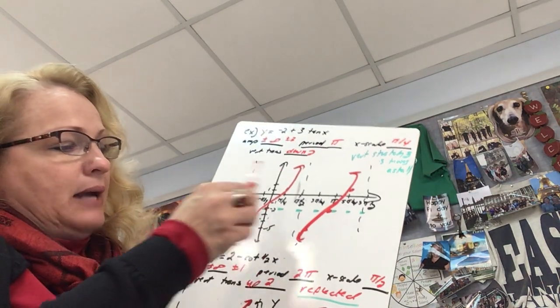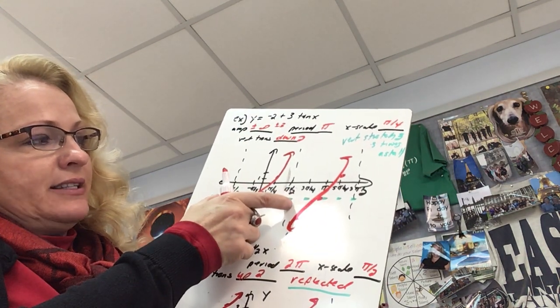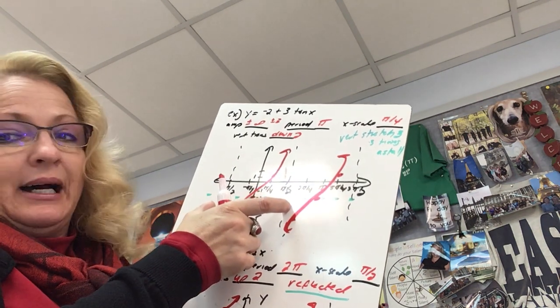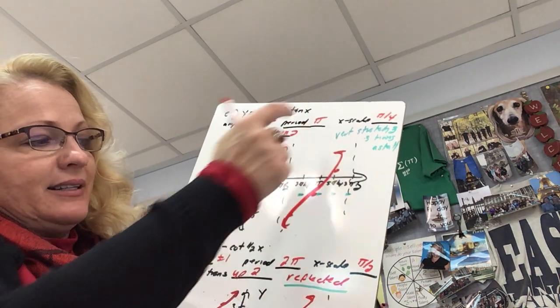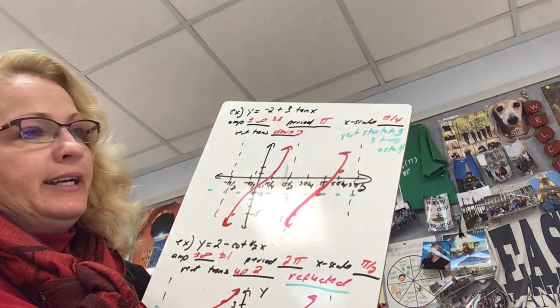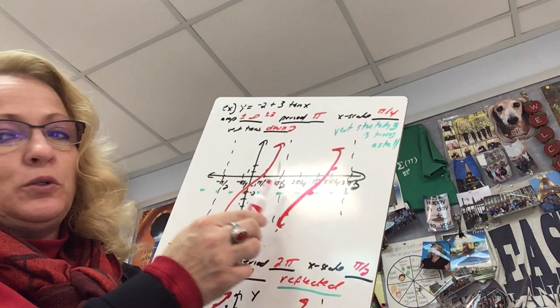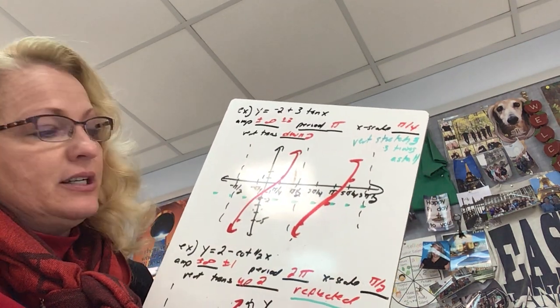I know that between here and here, isn't that a pi? Isn't this pi over 2 and pi over 2? So isn't that pi? So that's pi, that's the length of one period. So I know that at the beginning and ending, so to speak, of my period, I would have asymptotes because I got to know what's going on with tangent.